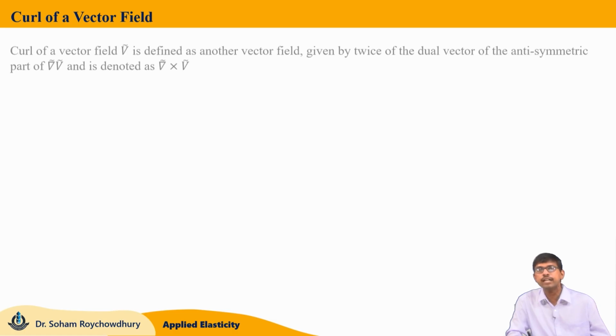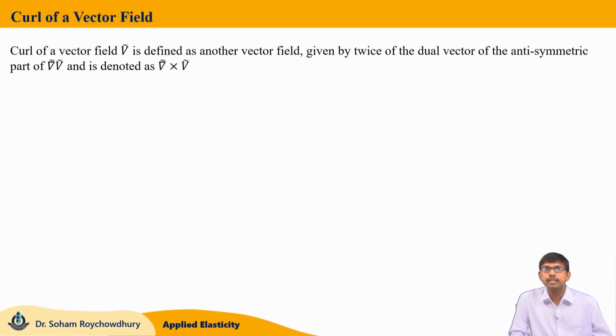The curl of a vector field is another vector field, and the curl of vector v is defined to be twice the dual vector of the antisymmetric part of the gradient of v, and denoted as this. So the gradient operator cross product v refers to the curl of vector v.